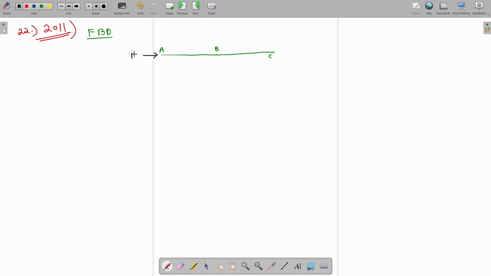One is a horizontal reaction, another is a vertical reaction. At point B, there will be a reaction like this. Similarly, at point C, there will be a reaction like this. And the corresponding reaction due to the spring is given like this.